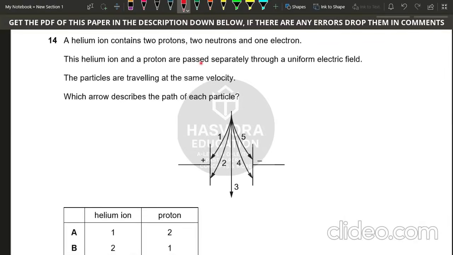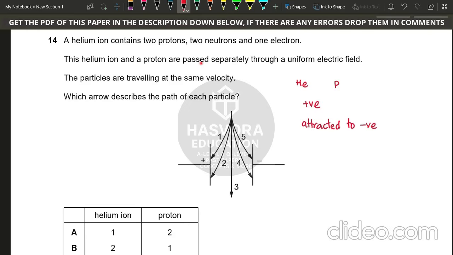Now 14 says a helium ion contains 2 protons, 2 neutrons and 1 electron. The helium ion and proton are passed separately through a uniform electric field. The particles are traveling at the same velocity, which arrow describes the path of each particle. Now both the helium ion and the proton are positively charged. This means that both are going to be attracted to the negatively charged plate.